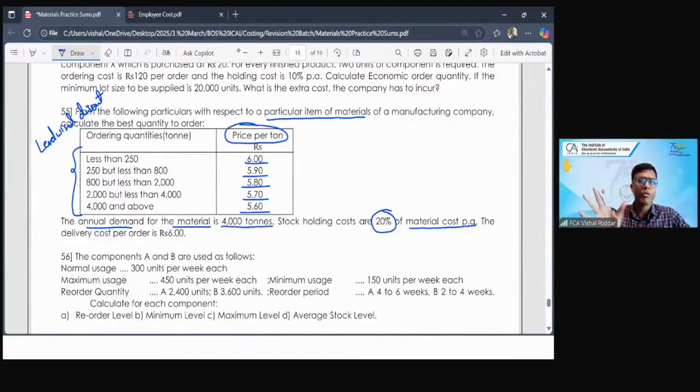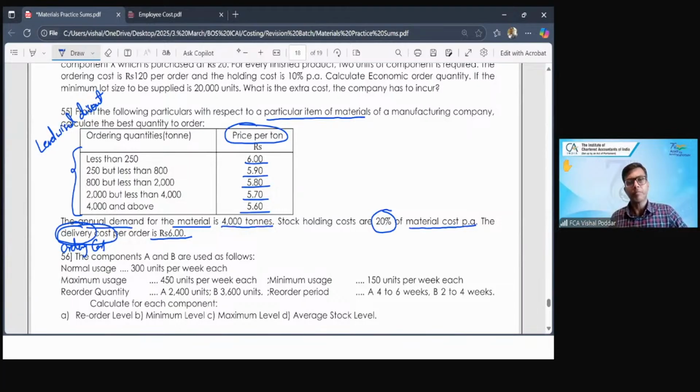Don't get confused by any of these terminologies. And then the delivery costs per order. Again, see, what they are giving you is your ordering cost, but here, instead of saying ordering, they use the word delivery. Please understand, students, all these mean the same thing, but this is how they can curate the question in a different manner. Correct?